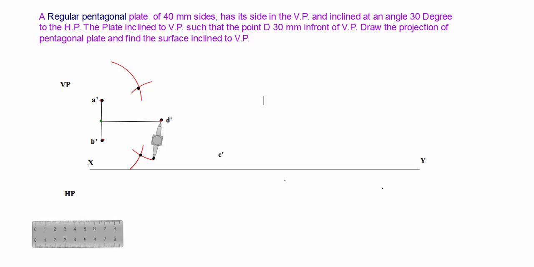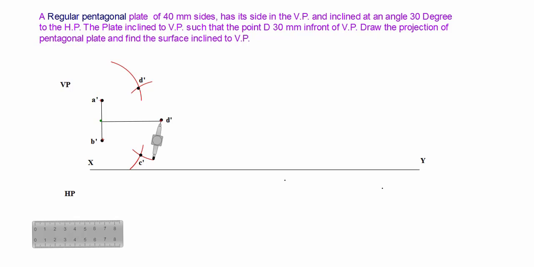Now friends, why am I marking the dash points? Because my plate is in VP plane, and if our plate is in VP and we see the elevation, it is a true shape of the given plate. So here our elevation is a true shape of the pentagon.